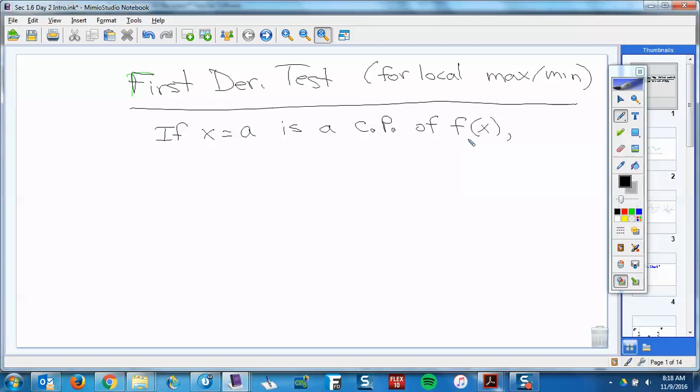So if we know we've got a critical point, derivative 0 or undefined, stationary points, remember, are a subset of that. They're the ones where the derivative is 0.